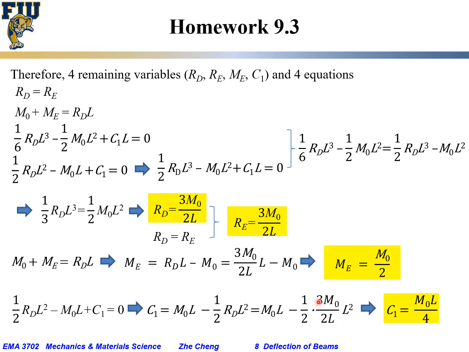It's 3 over 4 M0L, and M0L minus 3 over 4 becomes a quarter of M0L. Okay, so this gives us the C1 value, RD value, RE value, reaction force at D, reaction force at E, reaction moment at E, and the last integration constant.